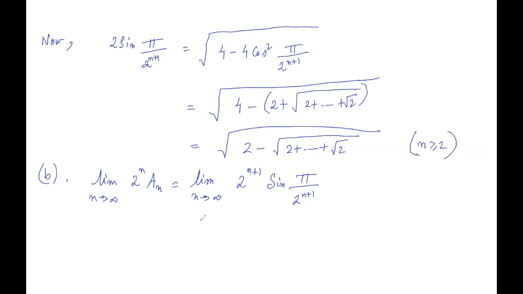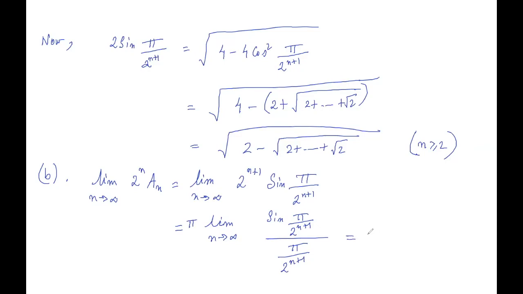So we just need to take a pi and divide it by another pi. So this becomes sine of pi by 2 to the power n plus 1, divided by pi by 2 to the power n plus 1.